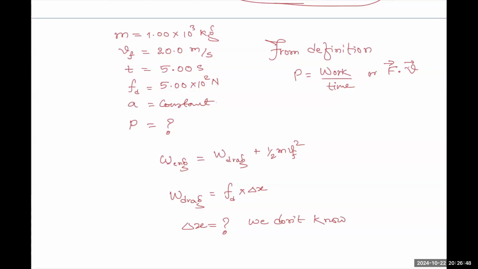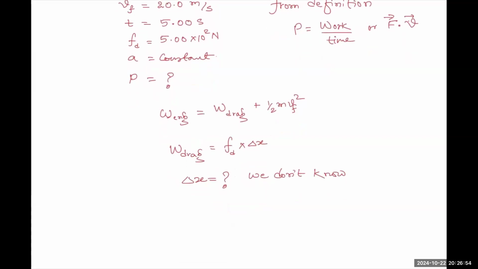So now it comes down to a one-dimensional kinematics problem, right? We need to find delta x, right? So how do you calculate delta x?